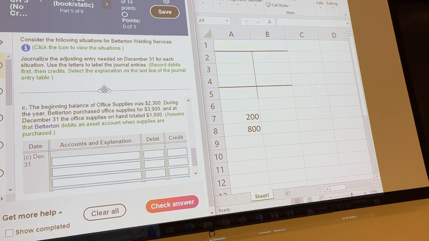Okay, here's an office supplies problem where, as I was mentioning during the lecture, we usually have to figure out what it is that we have to include in our adjusting journal entry. So I have a T account here that we'll call OS for office supplies. Now here they say the beginning balance in office supplies is $2,300.